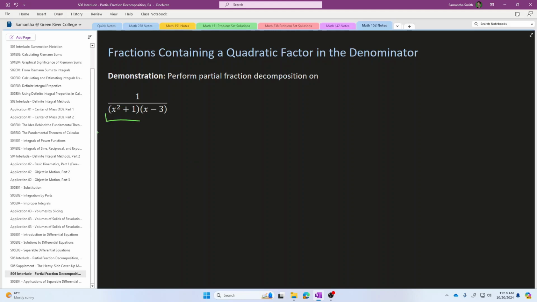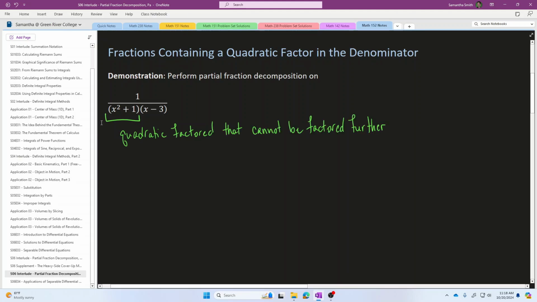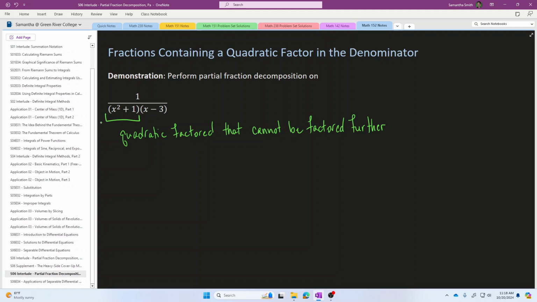And I acknowledge that here I have a quadratic factor that cannot be factored further. In a situation like this one, the only thing that changes is that in the template, put a linear factor over the quadratic.